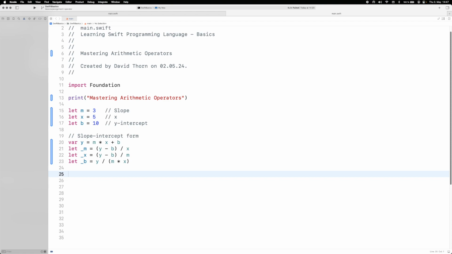The star is for multiplication, the plus sign is for addition, the minus sign is for subtraction, division is the slash, and the percentage sign is not for percentage, it's for modulus, but we'll do that in another video as well.